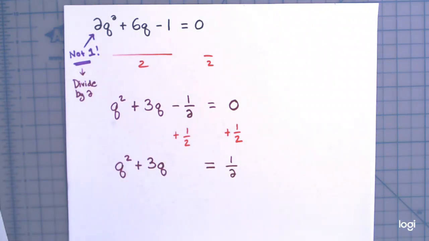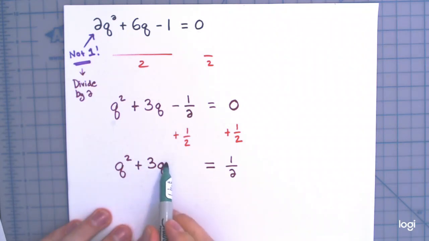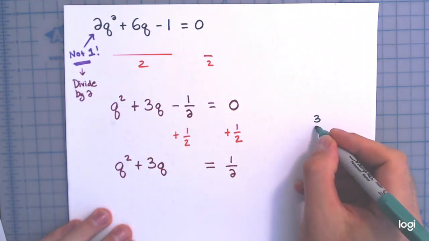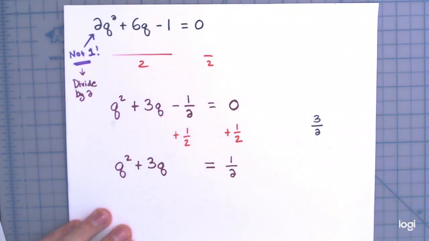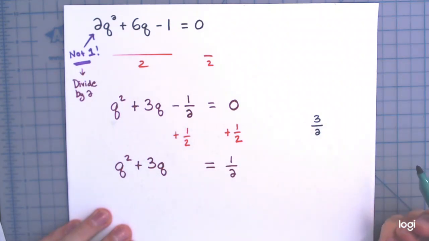All right, now comes the part where I complete the square. I've got the q squared plus 3q. Remember how that works? You take the number multiplied by the first power, 3 times q, positive 3. I'll do this off to the side. You're going to cut this in half. Well, that's just 3 divided by 2, 3/2. If you want to write it as 1.5, fine, but I think it makes it easier to square it when you leave it as a fraction.